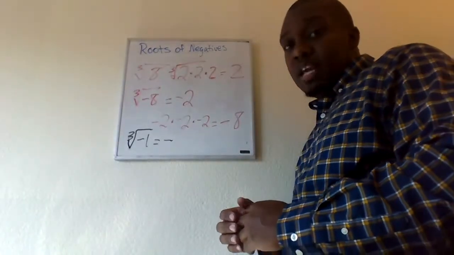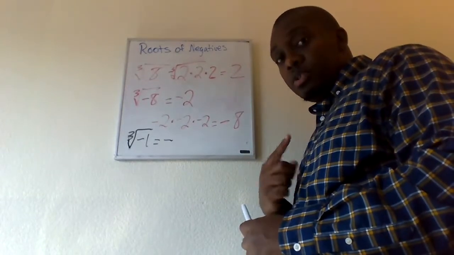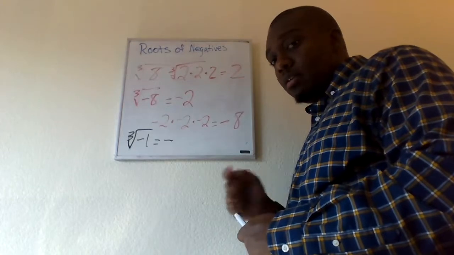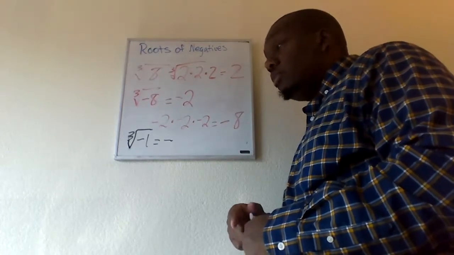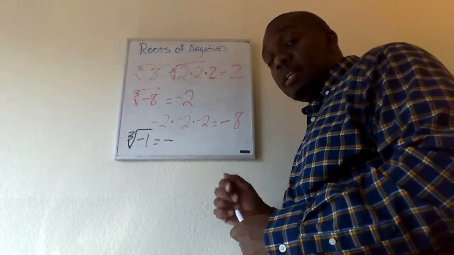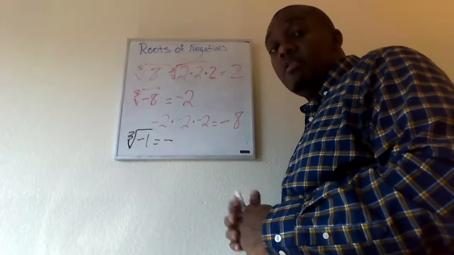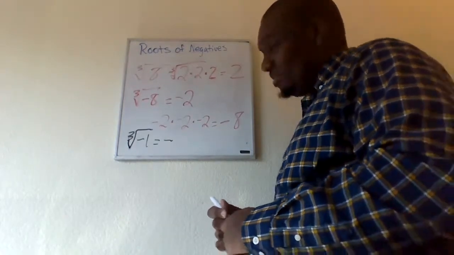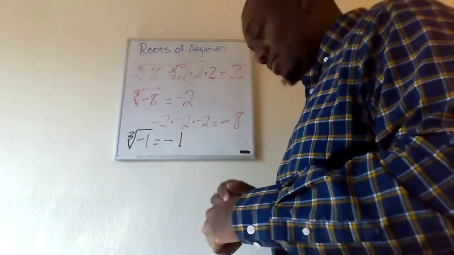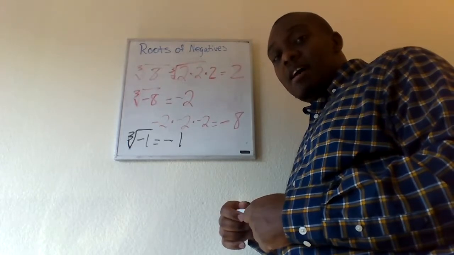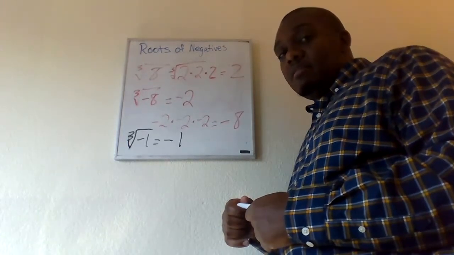This is cube roots of negative numbers, not square roots, cube roots. Square roots of negatives is impossible to do for you right now. Cube root of a negative is going to be a negative answer. Okay, now we're just looking for what number do you multiply times itself and get 1? Oh, yeah, 1. Cool.